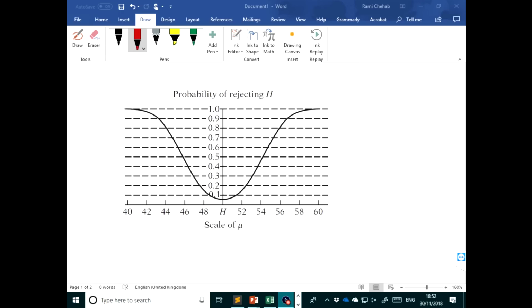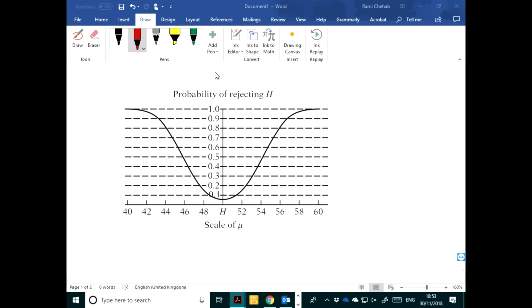This is a much better drawing than my drawing. This picture is taken from the Basic Econometrics book in the appendix, and this illustrates the probability of rejecting the null hypothesis when the null hypothesis is true.